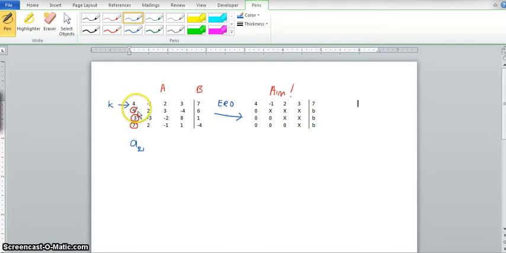To make this element become 0, the new A21 is equal to the old A21 minus some coefficient, and this coefficient must multiply by the element in the reference row. So we have here A11, so that we can get 0. We know that A21 minus A21 is 0.